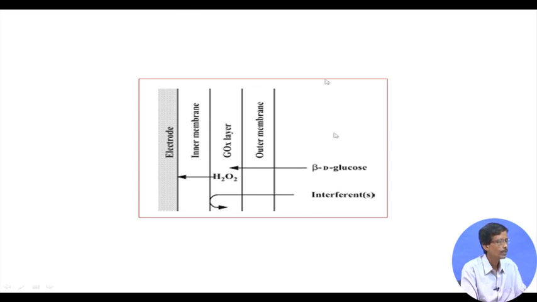This whole outer membrane is rejecting the interference, the protein part or the other species that can be present in the blood; the arrowhead is in the opposite direction, that means it is rejecting. So, there is the beta D glucose, one form that we basically find.